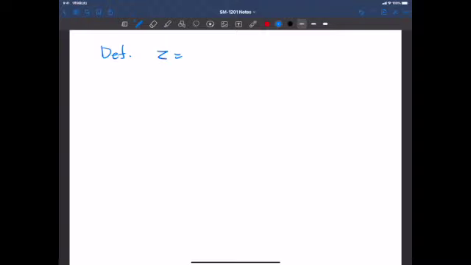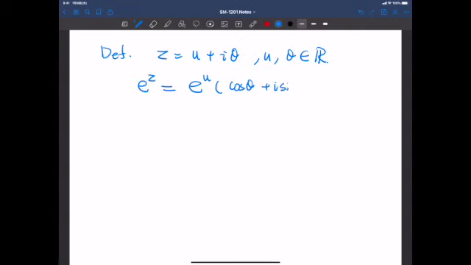Let z be a complex number u plus i theta, where u and theta are real numbers. So we define e to the power of z as exp of u times cosine theta plus i sine theta.